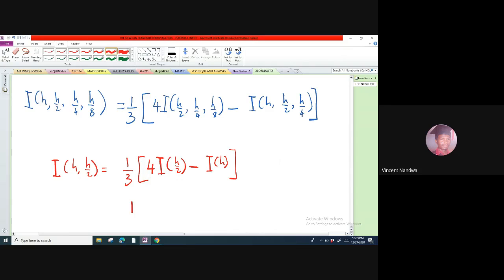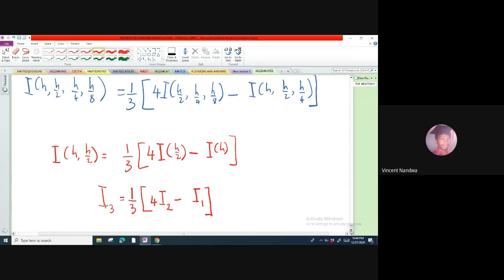It's like we have a third into 4I2 minus I1. Like we want to get I3 given by this. So when you substitute I3 for this h comma h over 2, this is what we have.